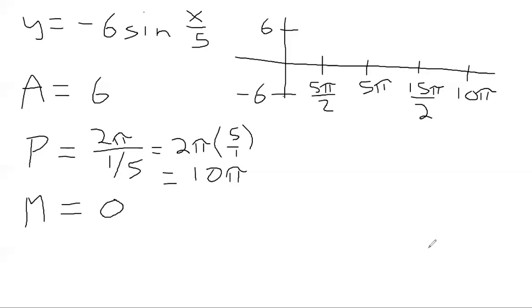So I will start at 0, 0, and by the time I hit 5 halves pi, I should be down at my minimum value. By the time I hit 5 pi, I should be back to the x-axis. I should hit the maximum by the time I hit 15 pi halves, and then complete one period of the function by 10 pi by hitting the x-axis once again.